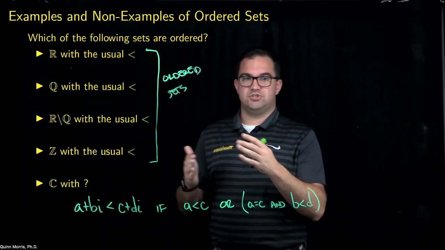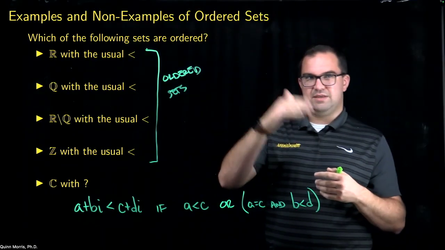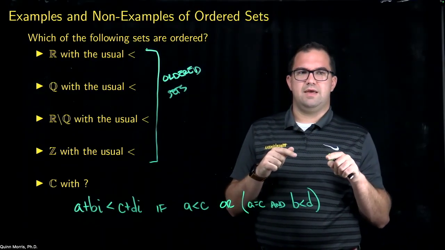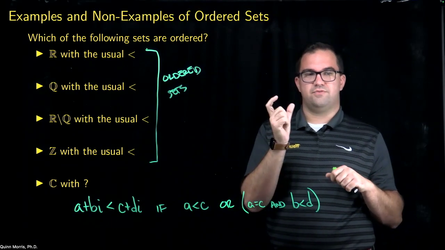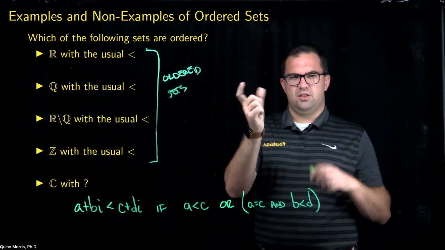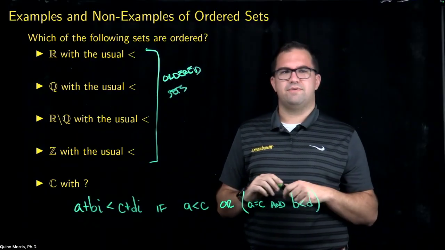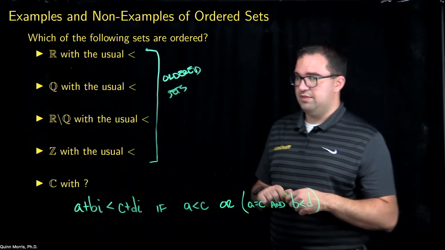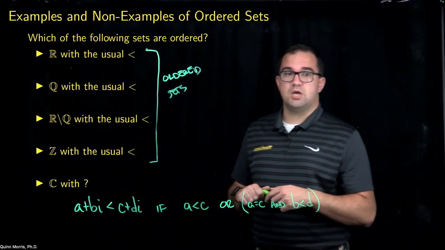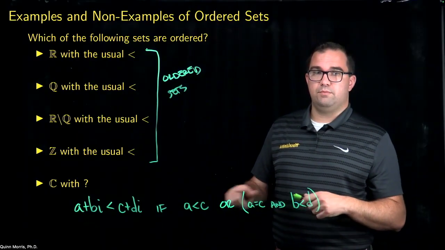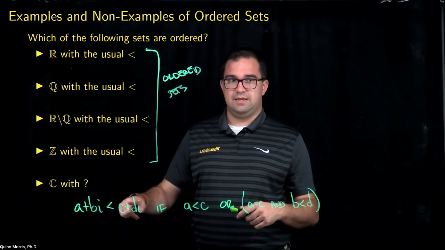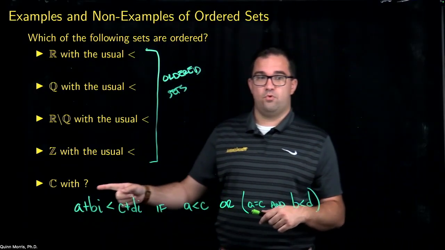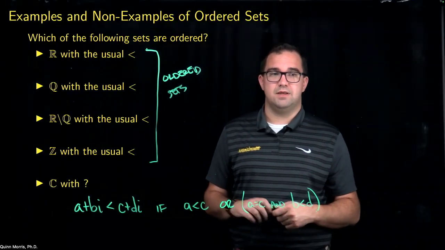So you can show in a fairly straightforward way, although you have to consider some cases, that that first property is satisfied. The second property is a little harder because you have to tease out a number of cases, but the transitivity property does also work there. So this sort of strange definition of less than does actually form an order on the set of complex numbers.